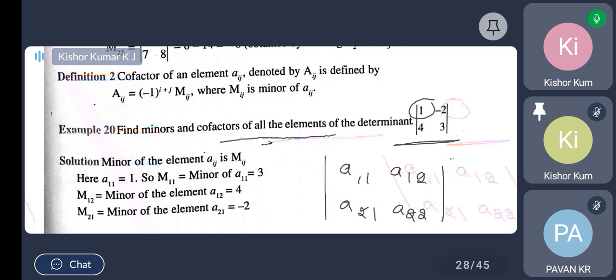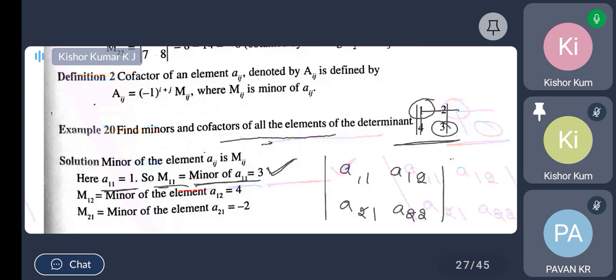Therefore, M11 means the minor of the element present in the first row, first column. Delete the first row and first column, only 3 is left. That is what we have considered. Minor of A11 is 3. So if you have confusion, you can directly write capital M11, because it is understood to be the minor of the element present in the first row and first column.